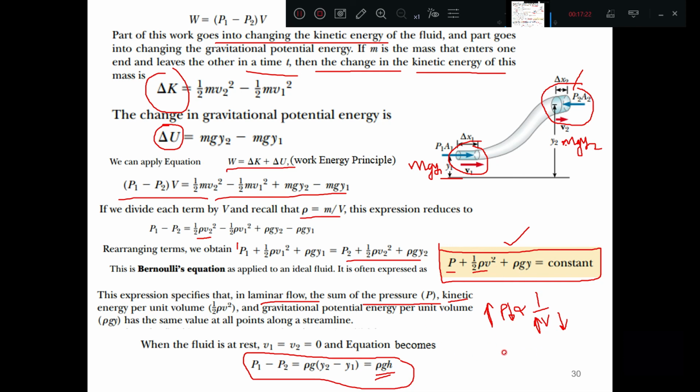If the velocity increases, the pressure at that point will be decreasing, and if the velocity decreases, the pressure increases.